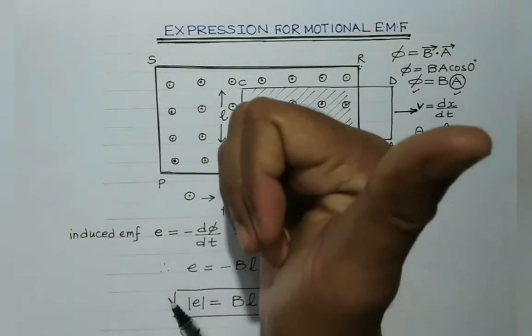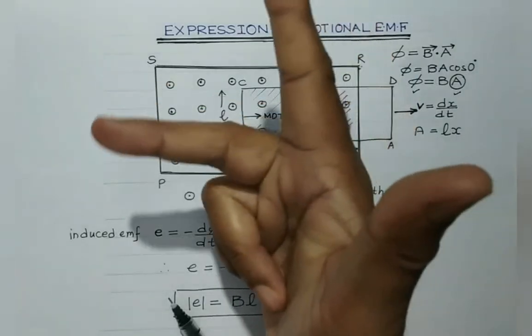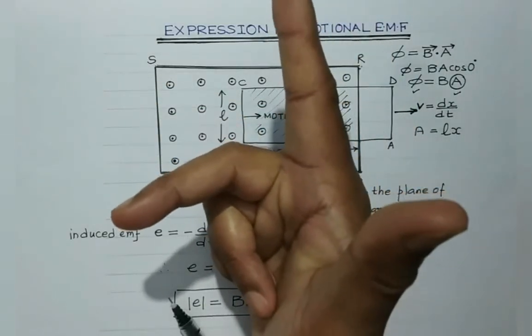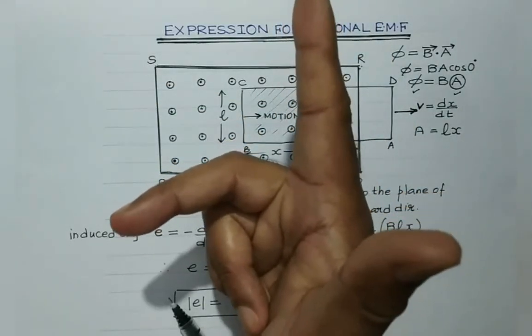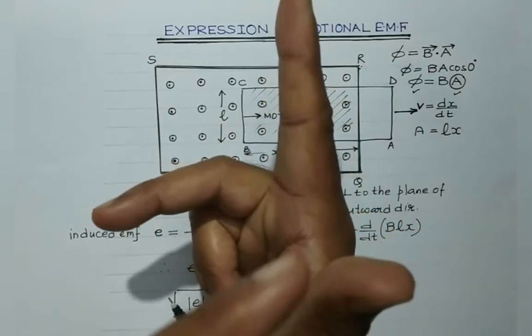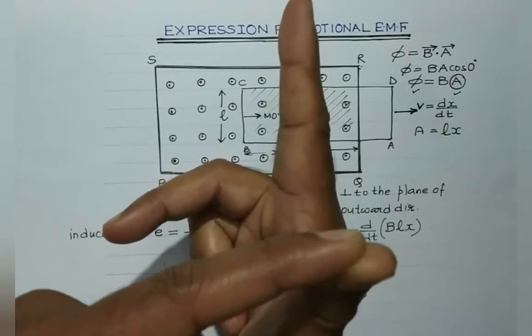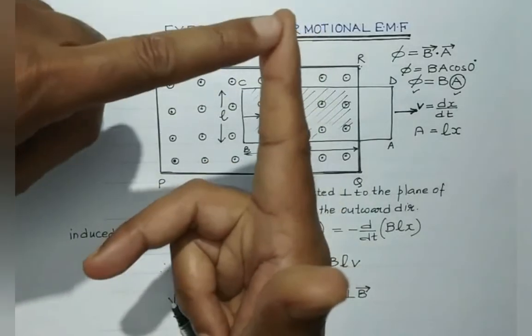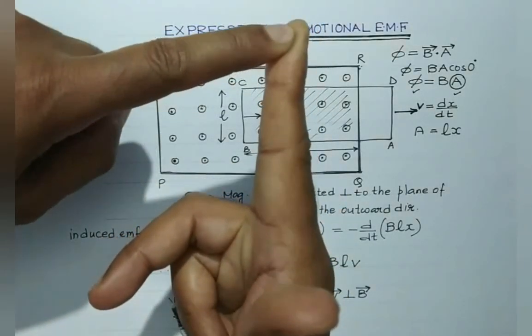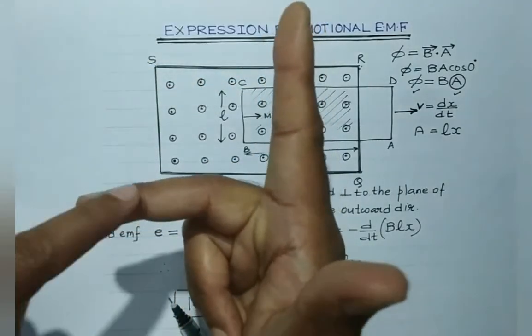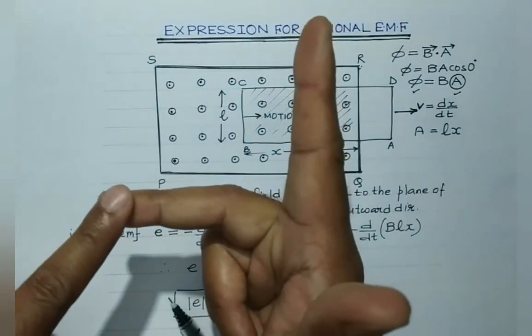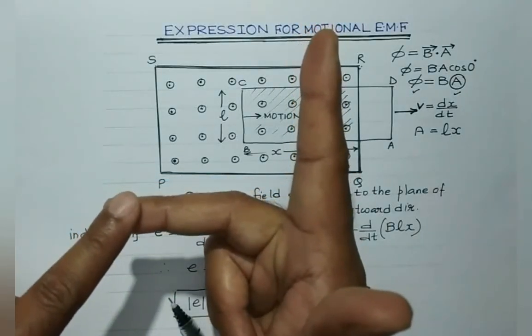We have to stretch the thumb, the forefinger and the central finger in such a manner that they all are mutually perpendicular to each other. In such a case, if the thumb represents the motion of the conductor, the forefinger represents the direction of the magnetic field, then the central finger will represent the direction of the induced current, right?